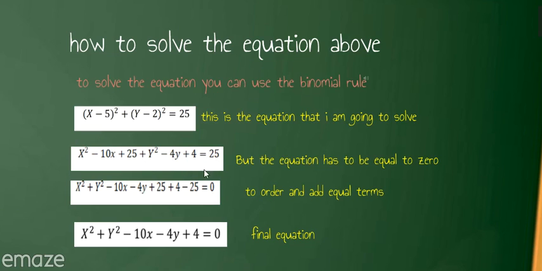So the number 25, I change to the other side of the equal sign as negative. So we order the terms in the correct way, and I add like terms, and this is the final equation: x^2 + y^2 - 10x - 4y + 4 = 0.